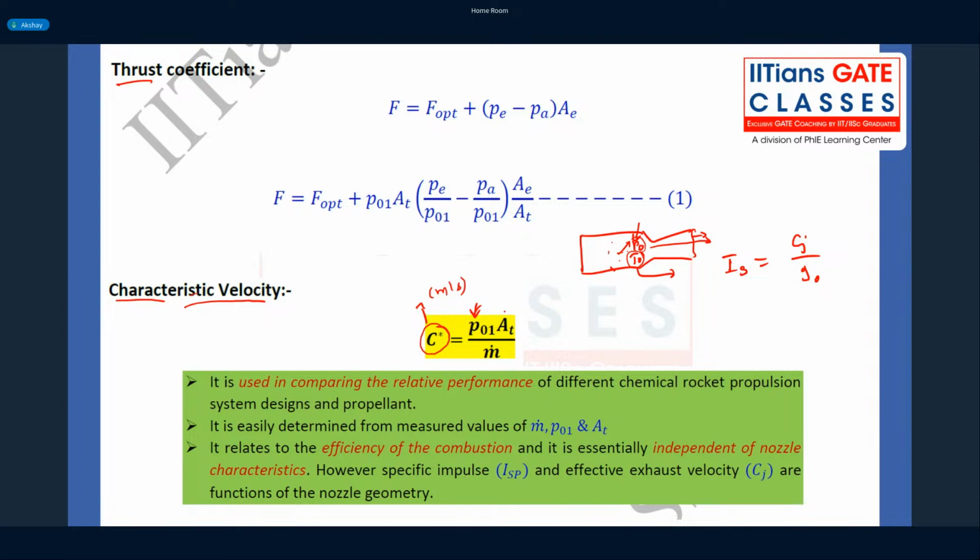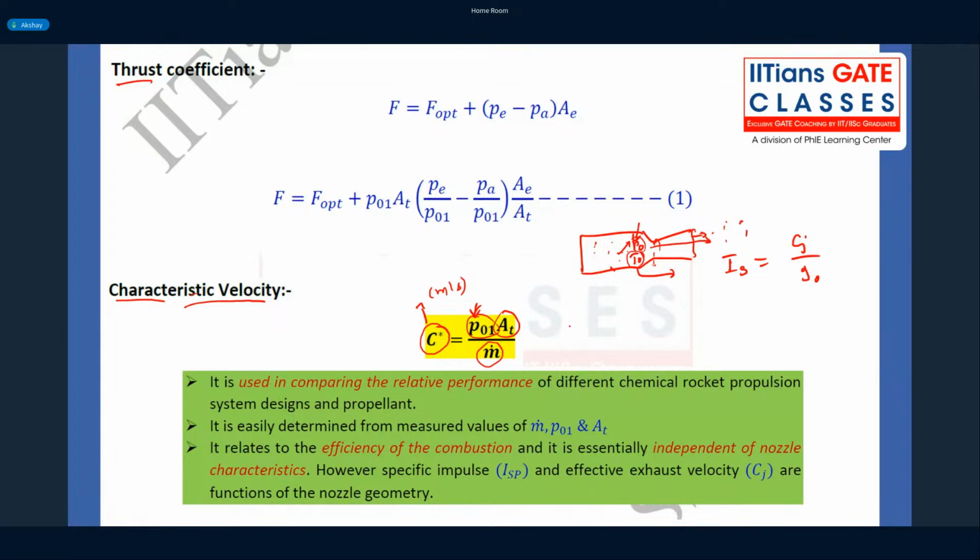And so you see, it is just related to the pressure in the chamber, the area at the throat, and the mass flow rate of the propellant which is going out of the system. It is not even talking about what kind of propulsion system you are using here. It is not even talking about what kind of nozzle geometry you are using, except for the throat condition. And it is not even considering what kind of ambient conditions you have.